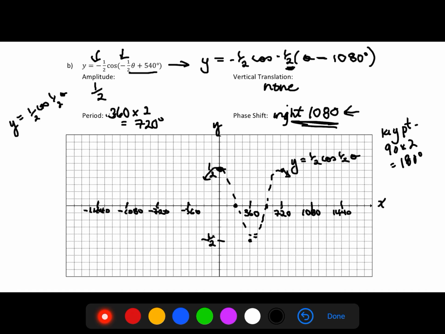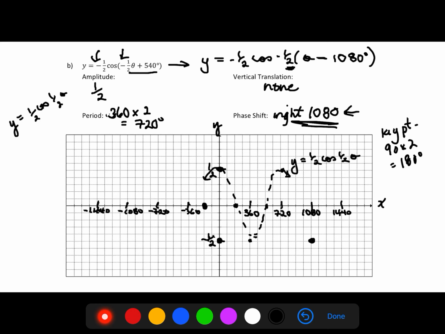Now we're going to worry about our reflections and our translation. From these points, we have a reflection in the x and y axis. So y becomes -1/2. 0 doesn't reflect, but now we need to move it 1080 to here.